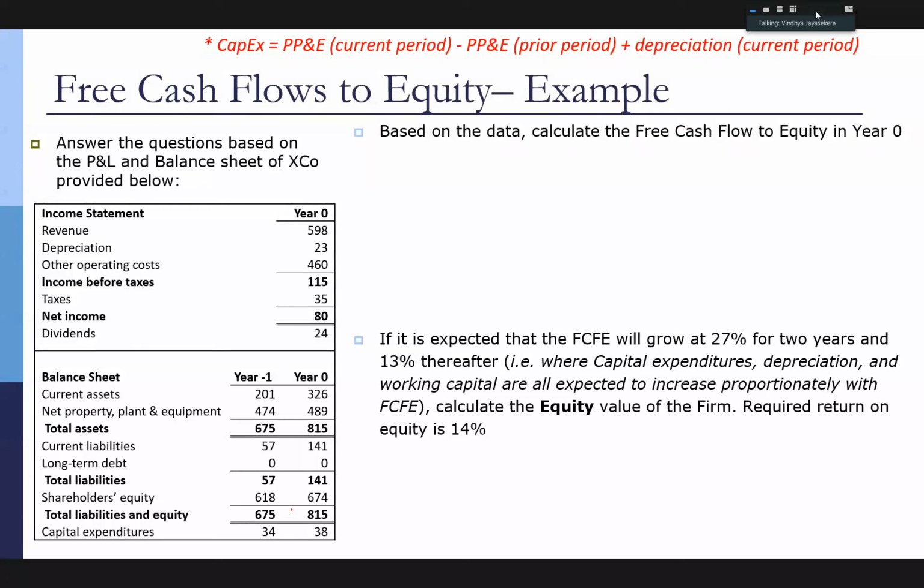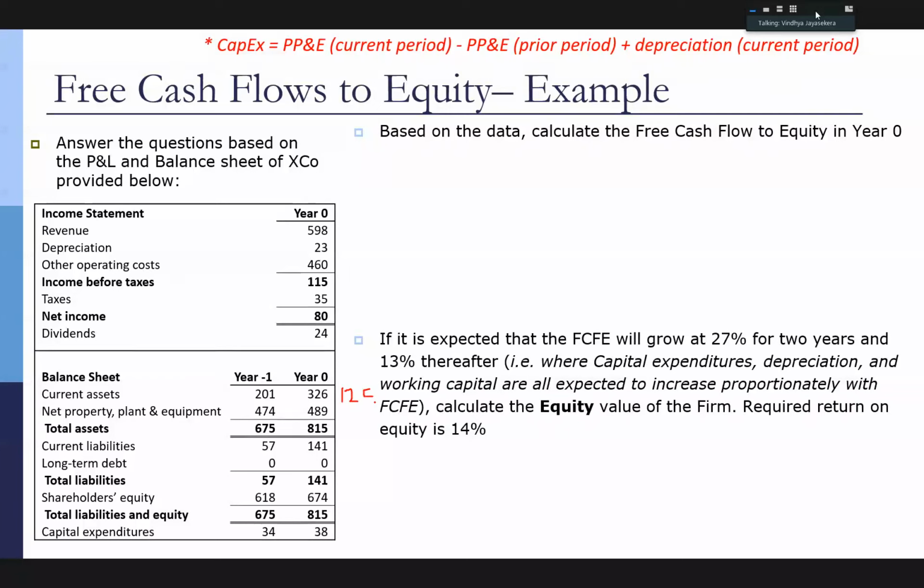That's perfectly fine. Increasing net working capital: you have to look at what is your increasing current assets. This is last year, and this is today. So what is the increasing current assets? 326 minus 201. How much is that? 125.